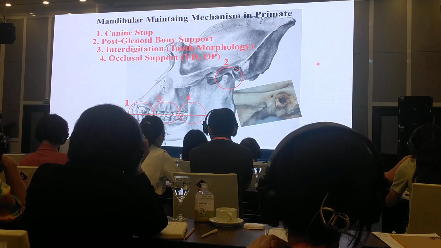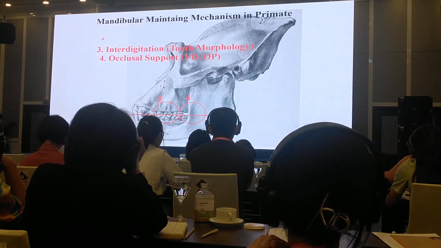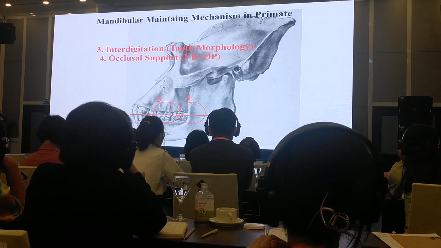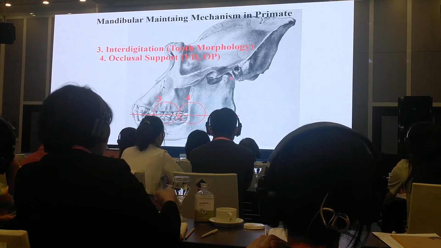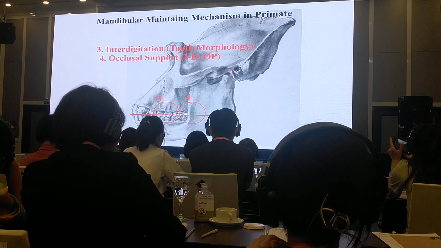But unfortunately, in this evolutionary process we lost very important number 1 and number 2. In humans, we have no this kind of interdigitation. And we lost this bony support behind the condyle.